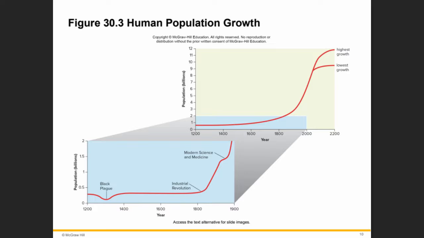The second graph plots population in billions from 0 to 12 with an increment of 1, that is 1, 2, 3, 4 up to 12. The horizontal axis has a year from 1200 to 2200 with an increment of 200.